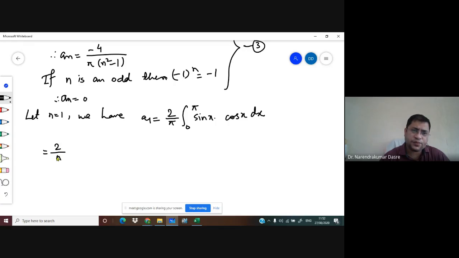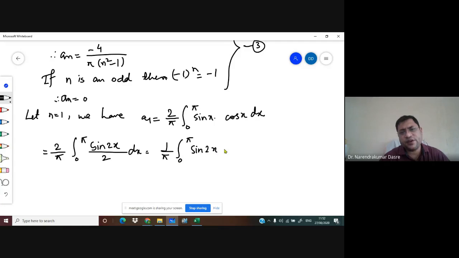So it is 2 upon pi integral 0 to pi sine of 2x by 2 dx. So we have 1 upon pi integral 0 to pi sine of 2x dx.